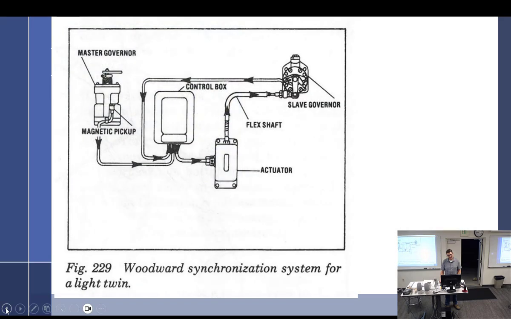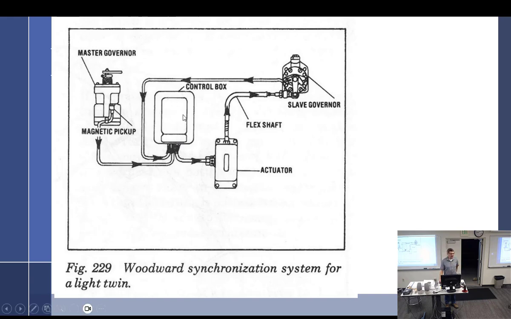And this is me making up stuff, all right? If I want to add the phaser to the control box, then I would put one of those little optical sensors that sees the prop blade.